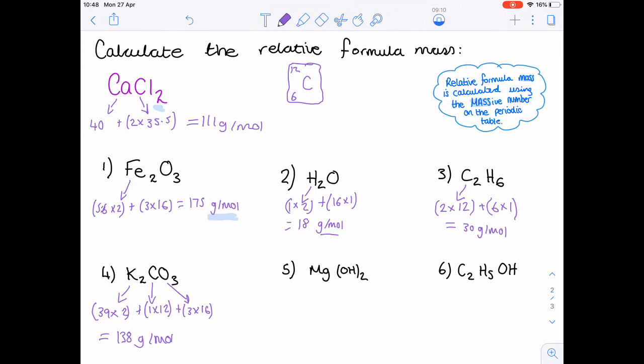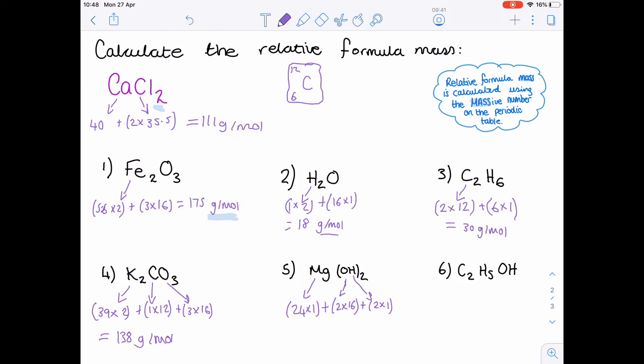Magnesium hydroxide is this one. There's just one magnesium, so you would do 24 times 1 plus, I'm going to do this all as 2 separate brackets here, so I'm going to do the oxygen, which is times 2, so 2 times the big number of oxygen plus 2 times hydrogen's number.